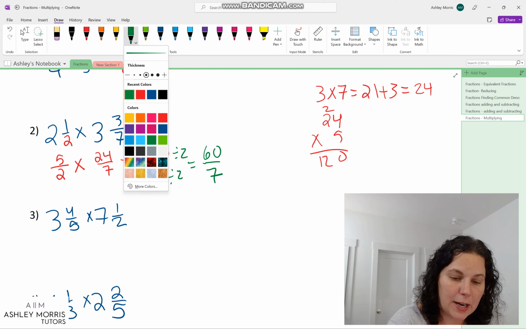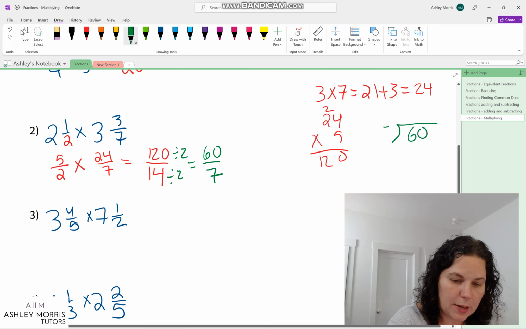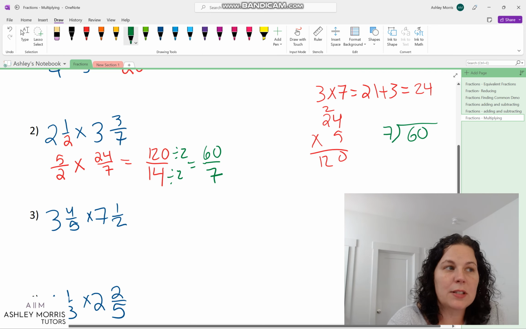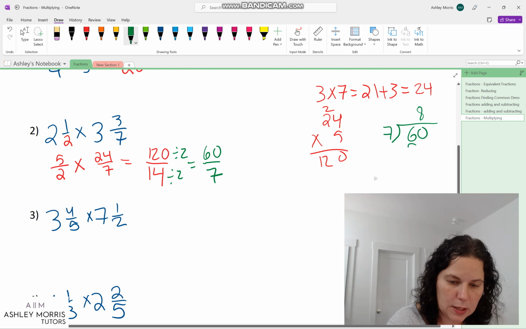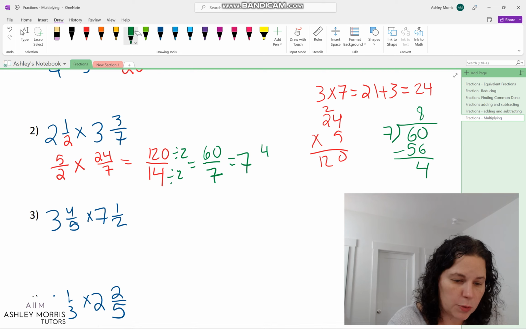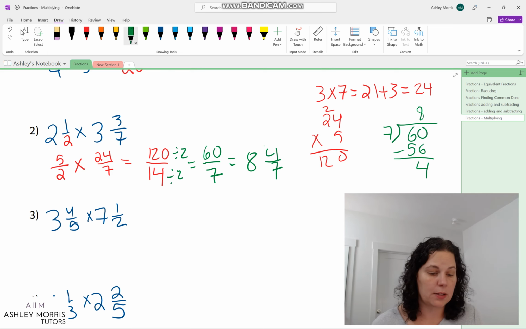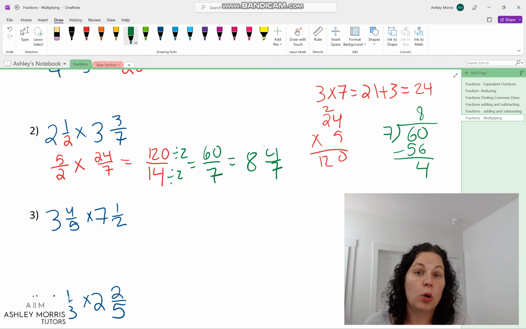And then let's divide 60 divided by 7. 7 times 8 is 56, and we have 4 left over. So that's going to be 8 and 4/7. That's what I get for talking and writing at the same time. And that is totally acceptable.